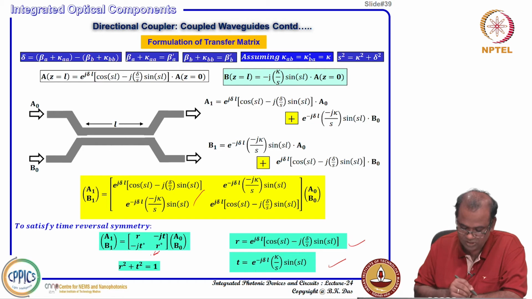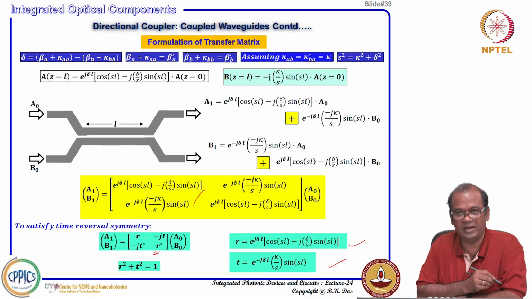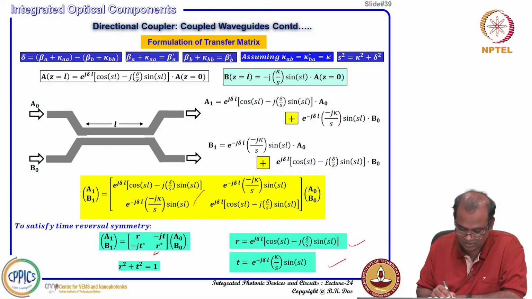If you use this form and take the determinant, you will get r star plus t star, and that determinant should be 1 if it is a lossless waveguide. So the determinant is equal to r squared plus t squared, and if it is lossless this should equal 1. That is why it is actually a unitary matrix, with determinant 1.